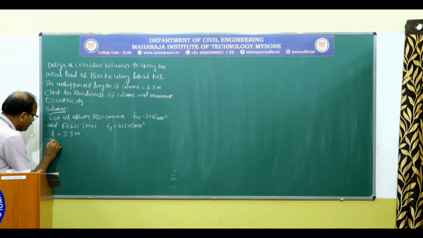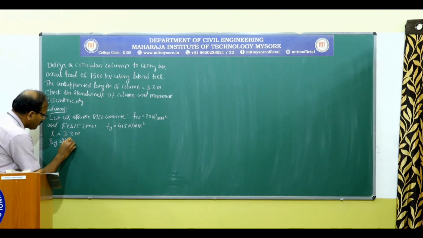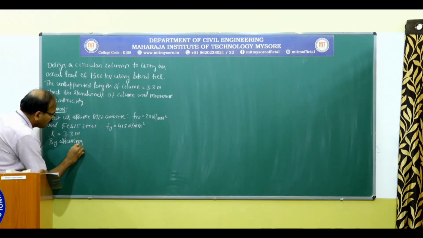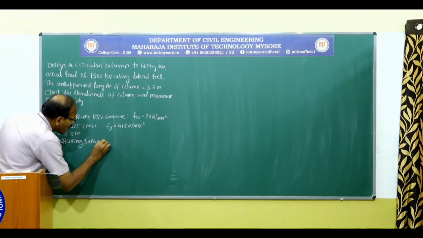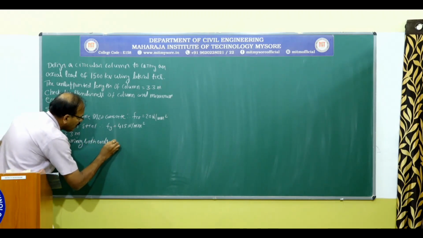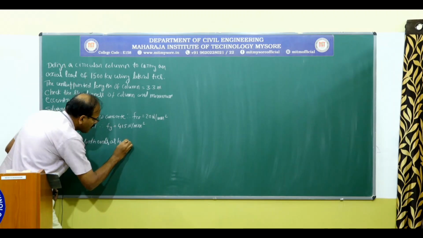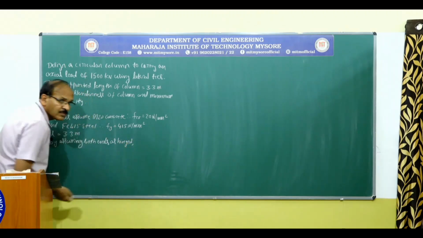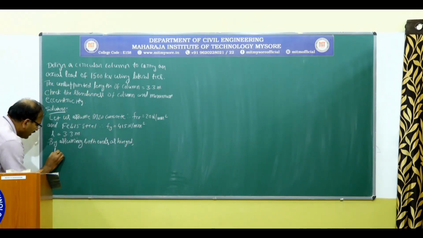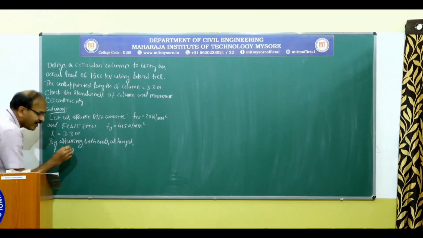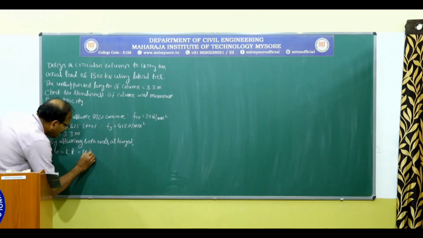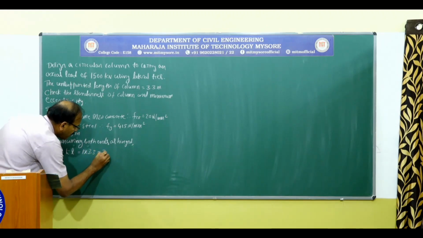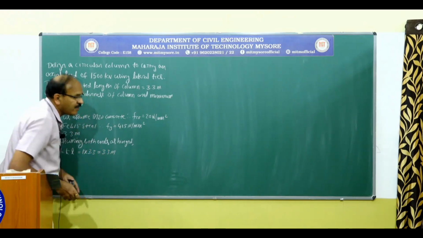By assuming both ends as hinged, the effective length Le equal to K times L, where K equal to 1, L is 3.3, that is equal to 3.3 meter is the effective length.